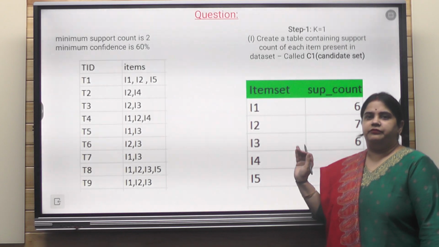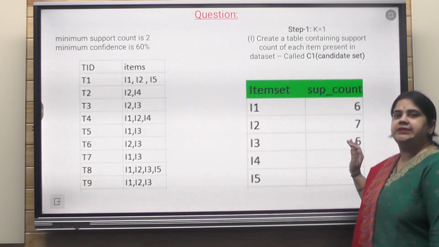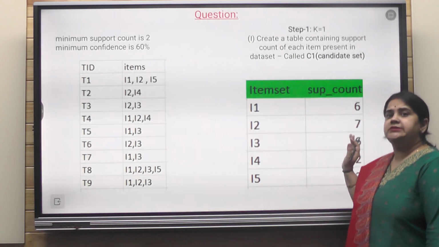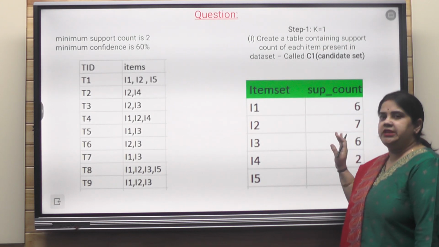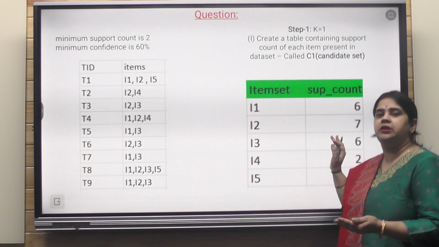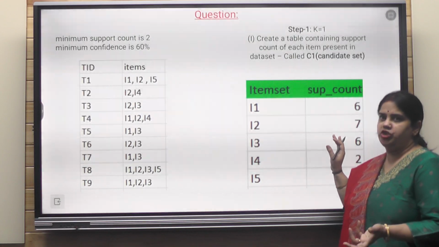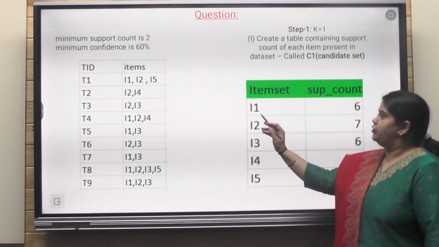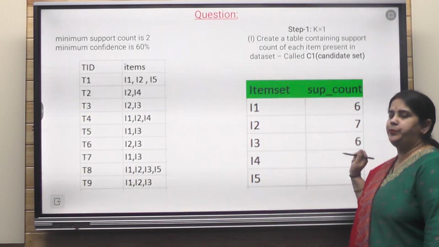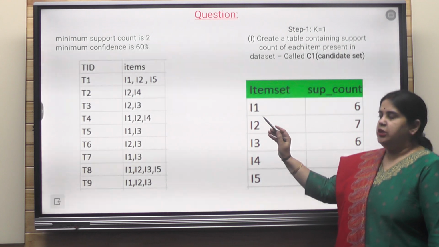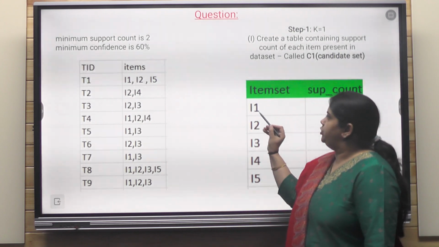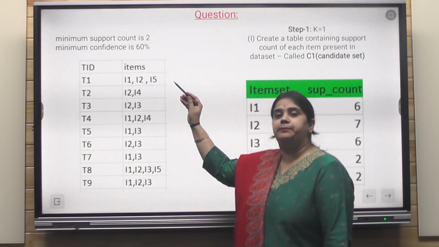Now, parallelly we have to write down the support value. What is the support and how are we going to calculate it? The support says how many times an item has been purchased. So what is the value of I1? They will all be positive integer values, right? So we'll see the I1 count. The I1 count will be taken from the base table.